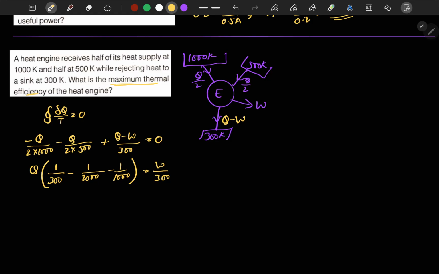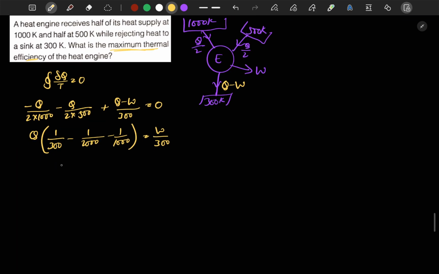So on solving these values, 300 inverse minus 2000 inverse minus 1000 inverse, we get the value of this to be 0.001833 Q is equal to W upon 300.